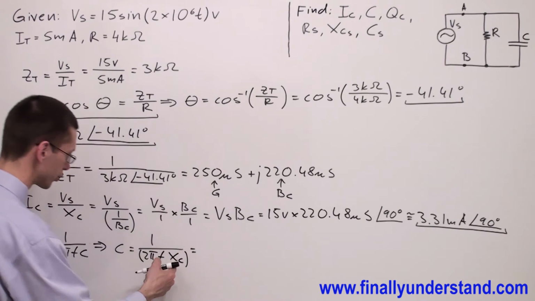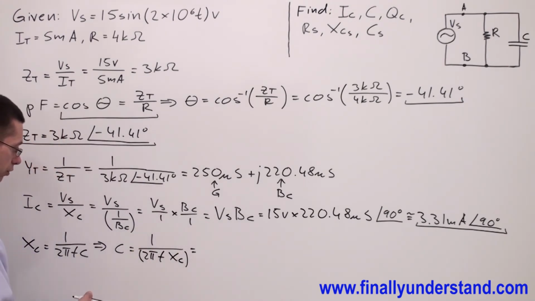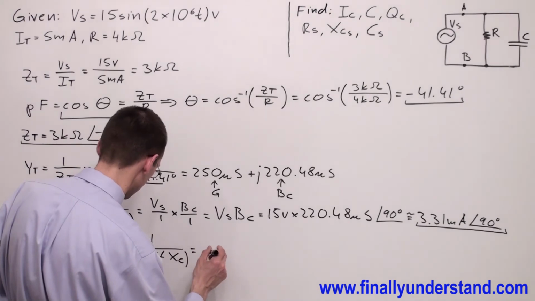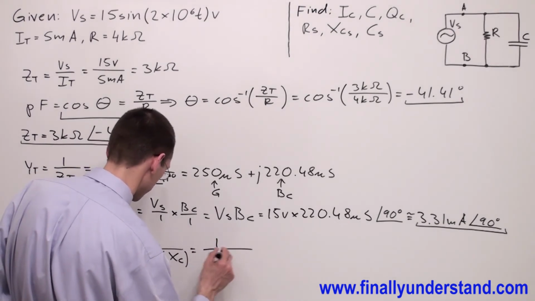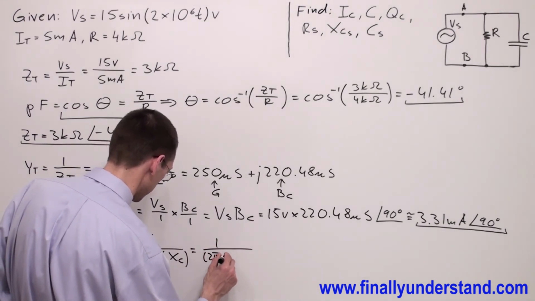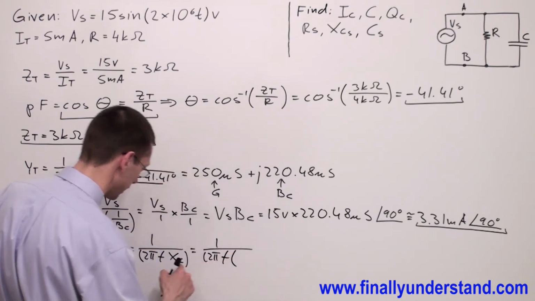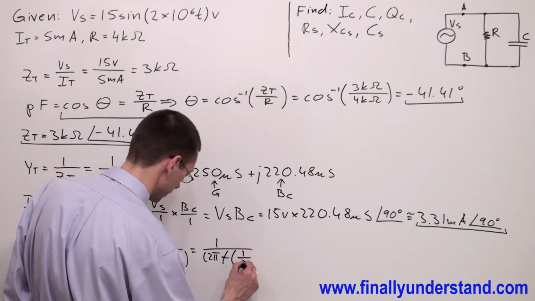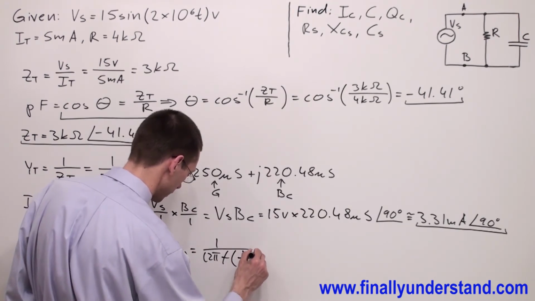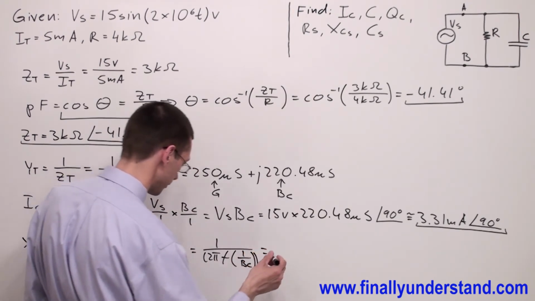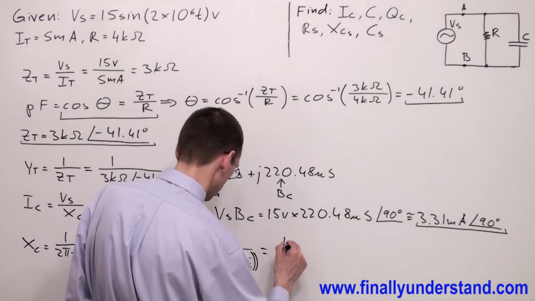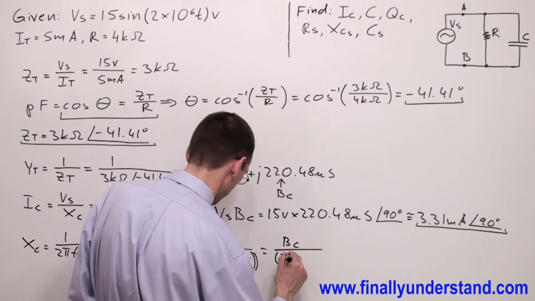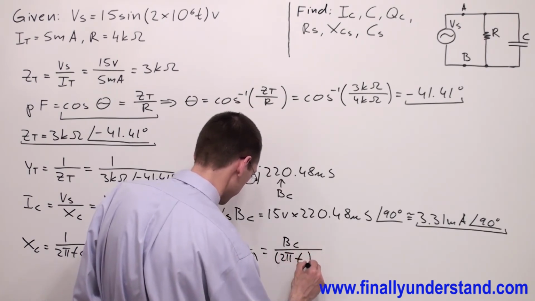Again, someone is going to say, oh, we do not have X of C. So what are we supposed to do? Simply write that this is equal to 1 over 2 pi f, and X of C is equal to 1 over BC, right? Which is equal to BC over 2 pi f.